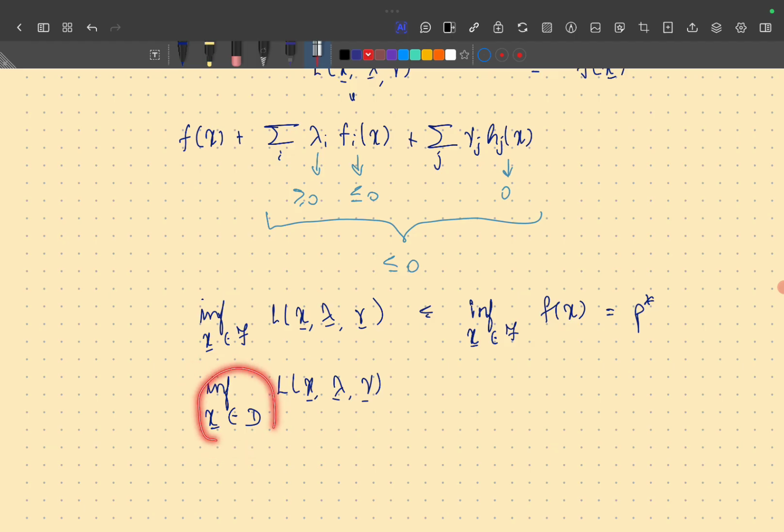So the infimum over D can only be smaller than the infimum over just the constraint set. Right? So this obviously has to be less than or equal to p star. And this holds true for every lambda greater than or equal to 0 and for every nu in R^n.